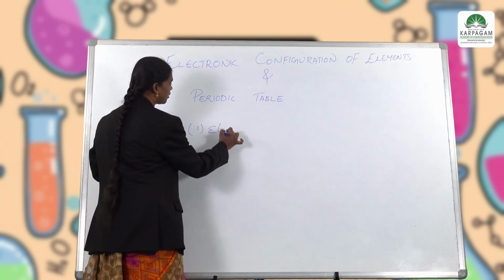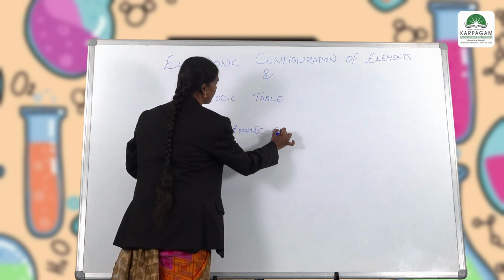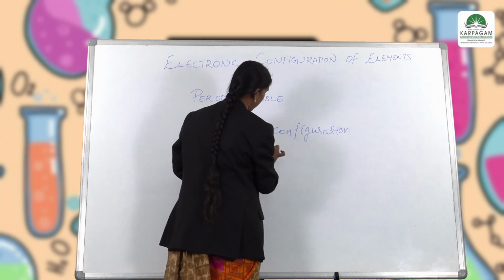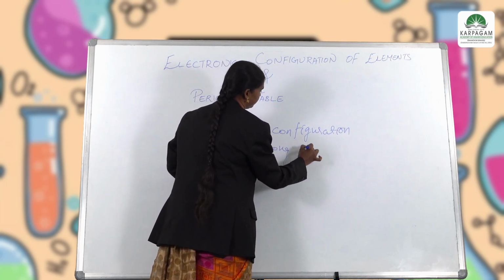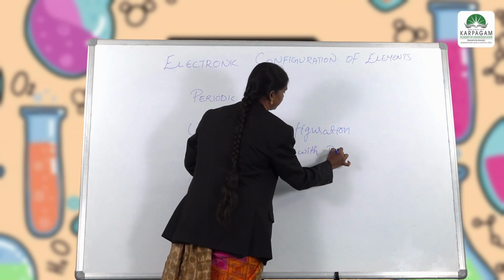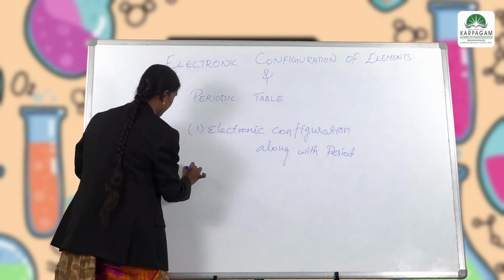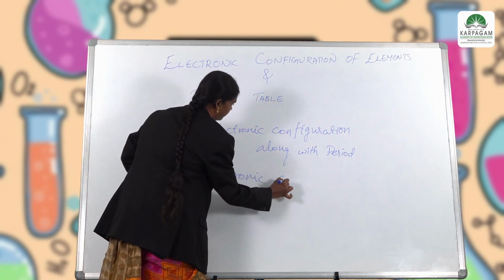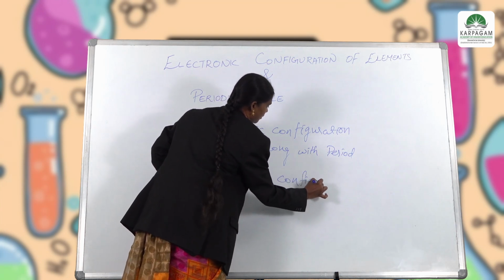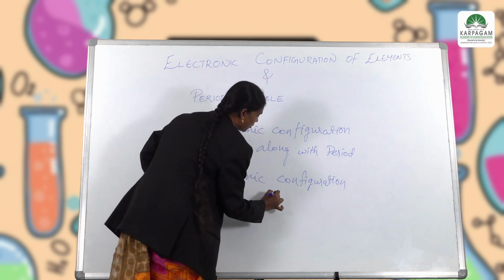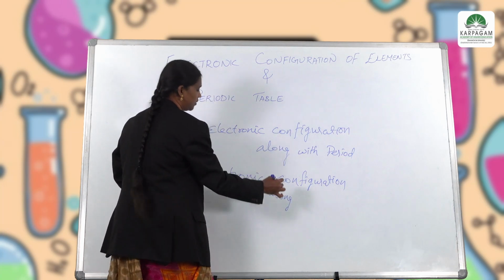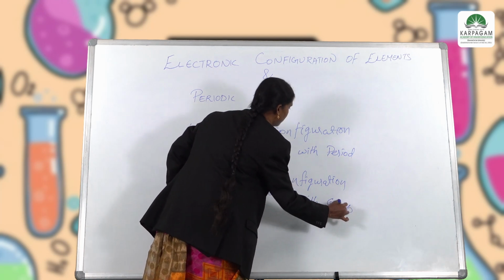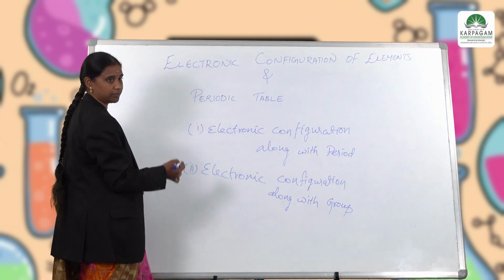One is electronic configuration along with period, and another type is electronic configuration along with group. These two types we will see in this topic. So first we see about electronic configuration along with period.